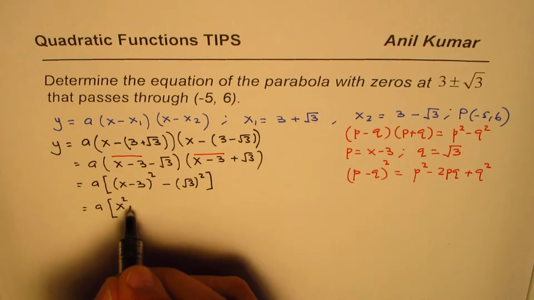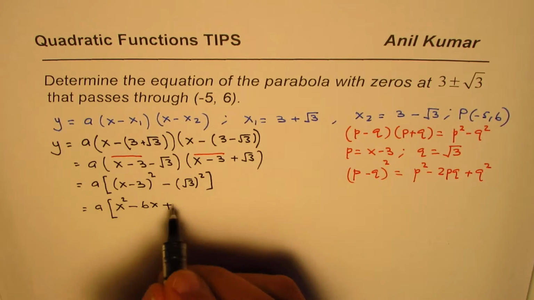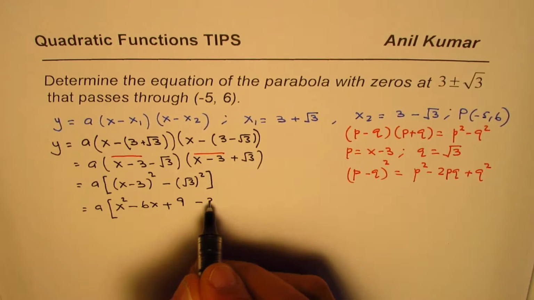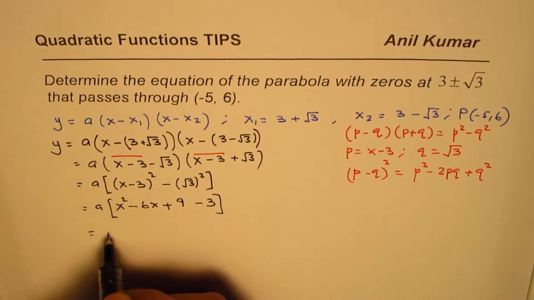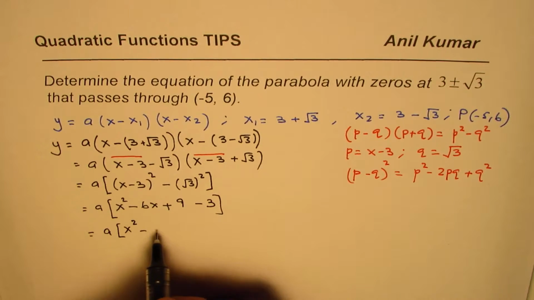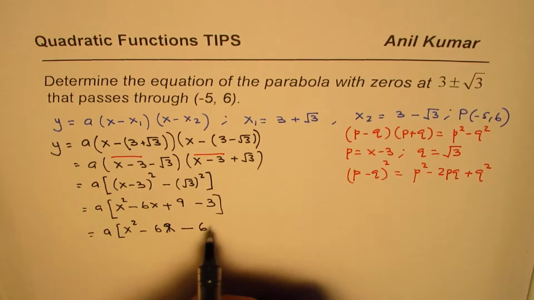So we have x square minus 2 times 3, which is 6x, plus 3 square, which is 9, minus square of square root 3, which will be 3. So we have a times (x square minus 6x plus 9 minus 3), and 9 minus 3 is 6.